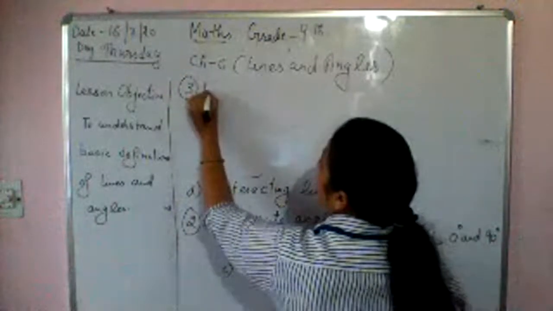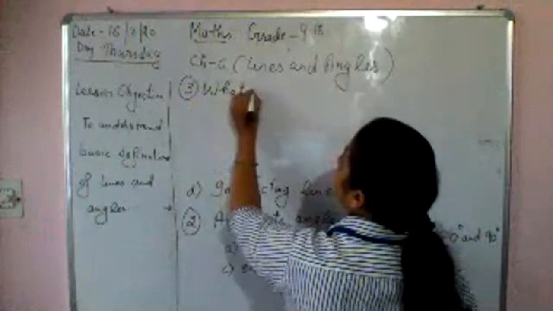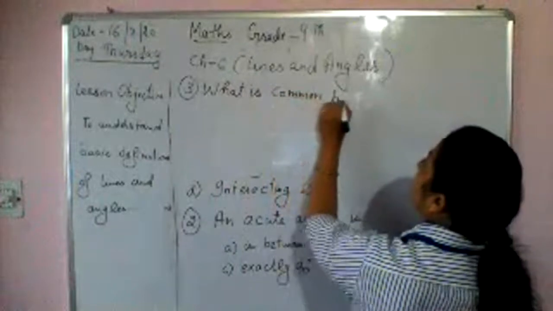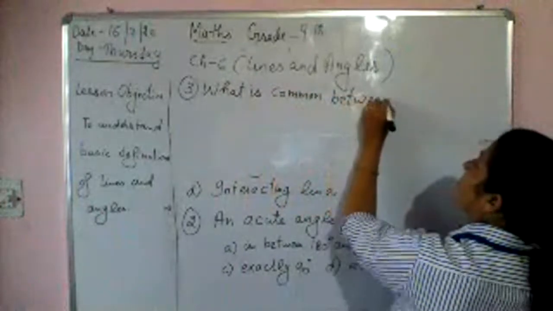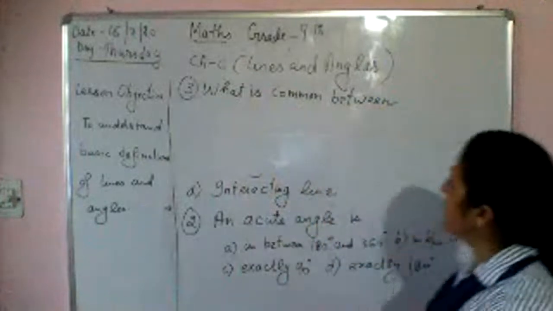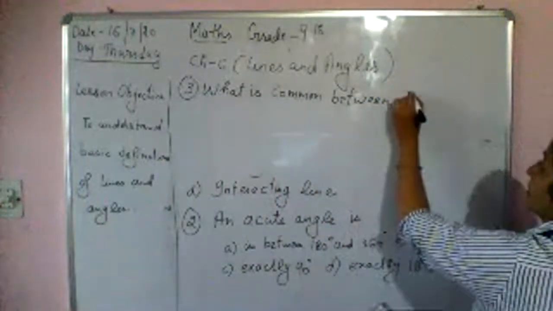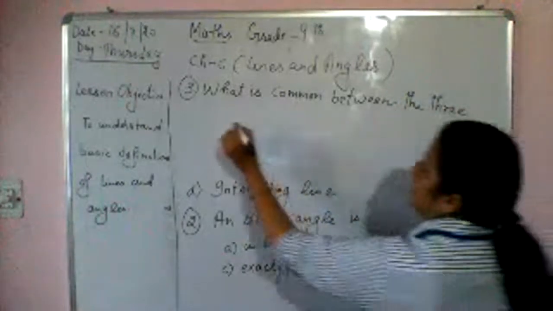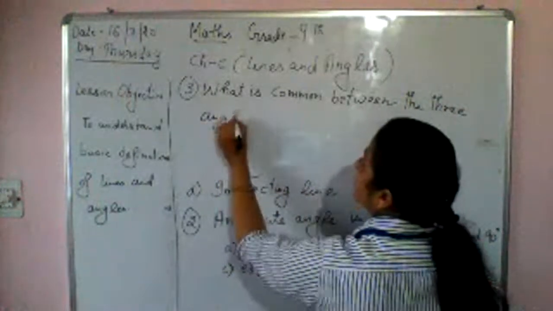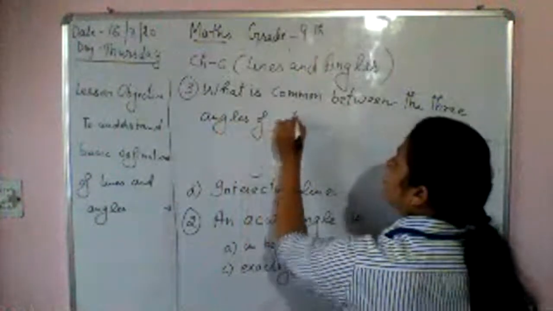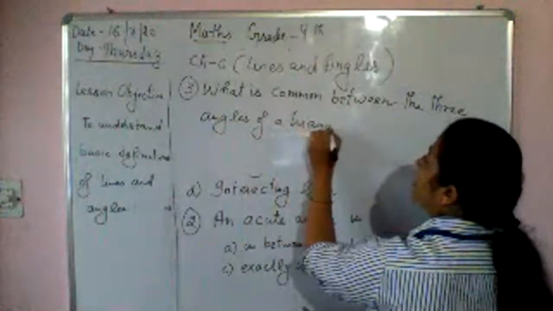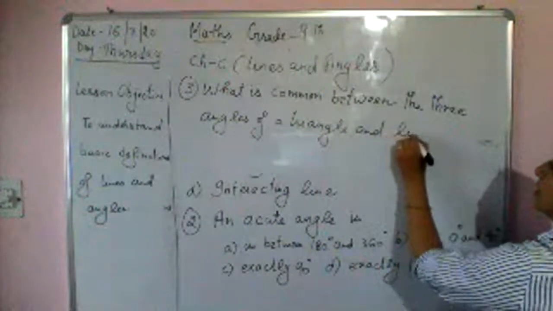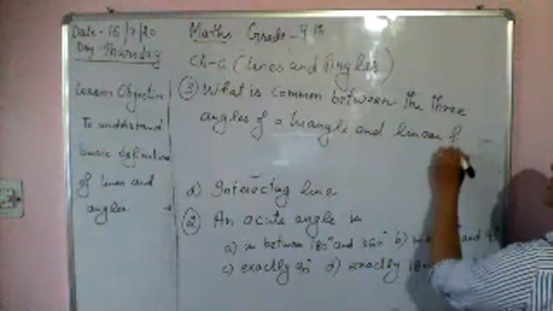What is common between the three angles of a triangle and a linear pair?